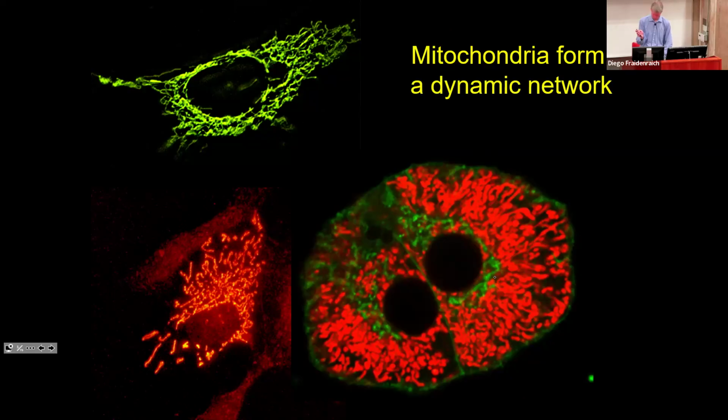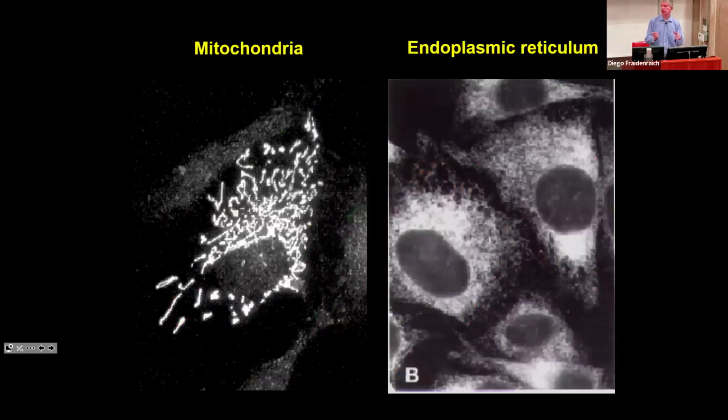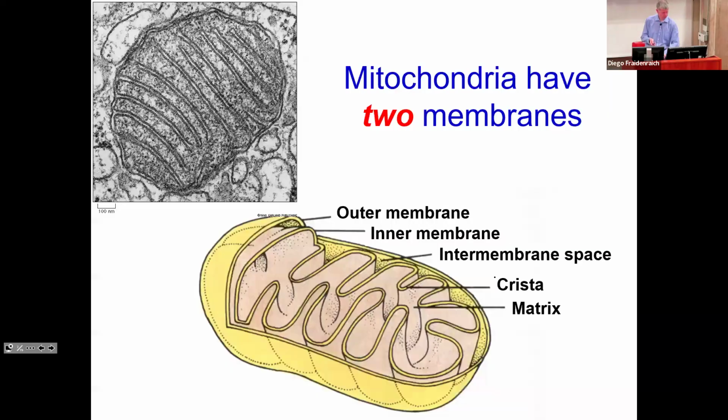There are also other networks in the cell with regards to vesicles and organelles. The endoplasmic reticulum would be another network which looks a little bit different. This is also surrounding the nucleus. Coming back to the mitochondria, you may want to memorize that they have, in fact, two membranes, not just one.